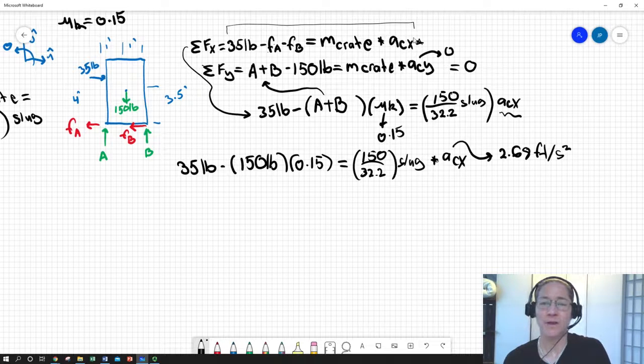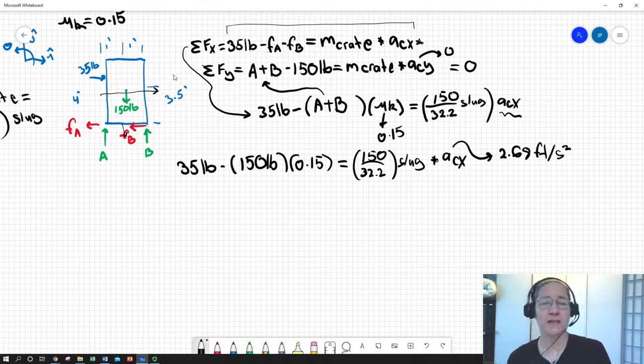Remember, we can look at motion in terms of movement, acceleration of the center of mass, and we can also look at rotation. And we can ask ourselves, okay, do we have any angular acceleration? We'd already said that the crate's not sinking into the ground. It's just moving sideways.